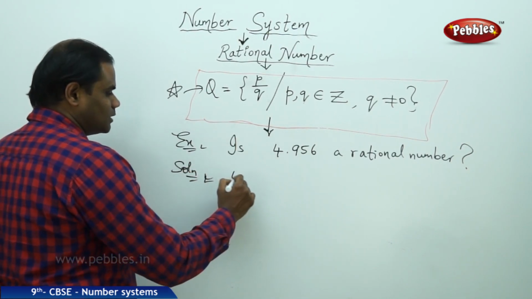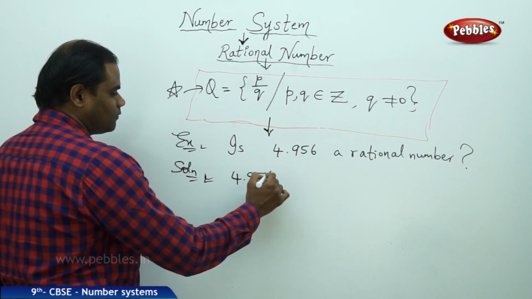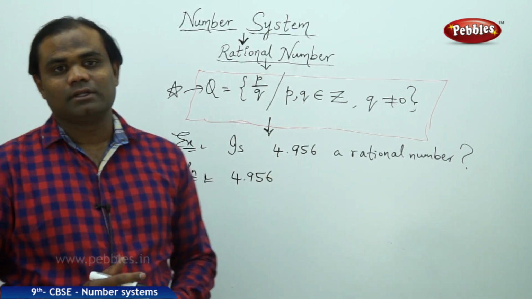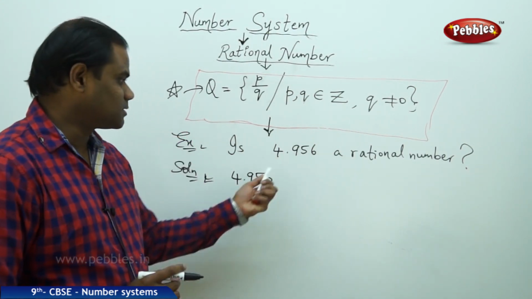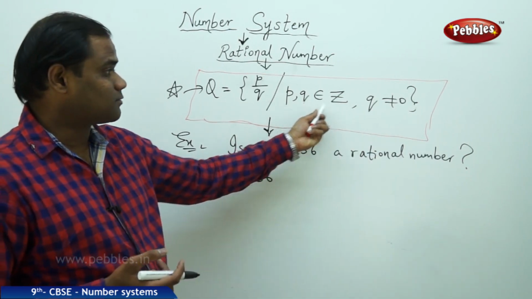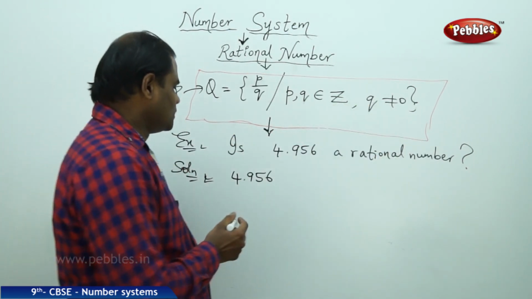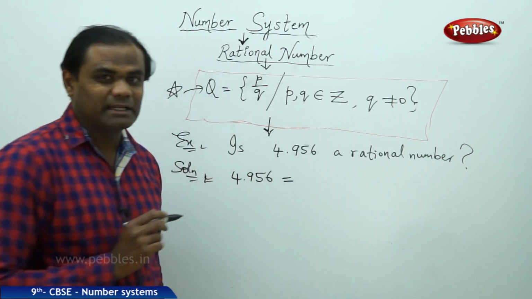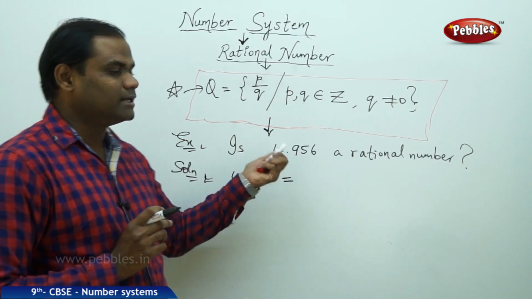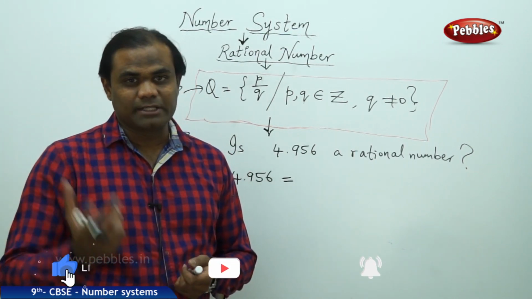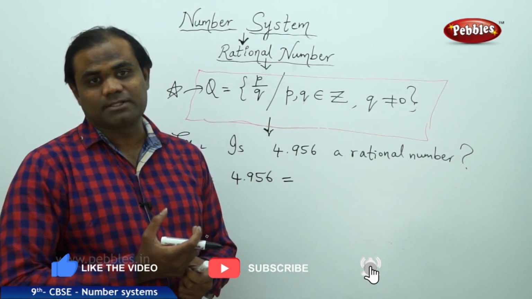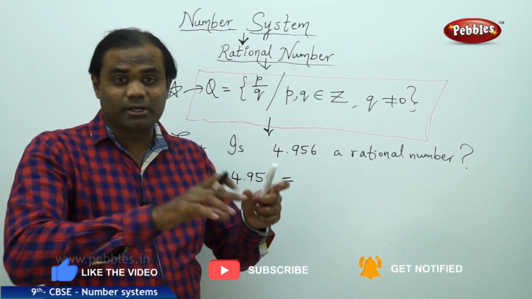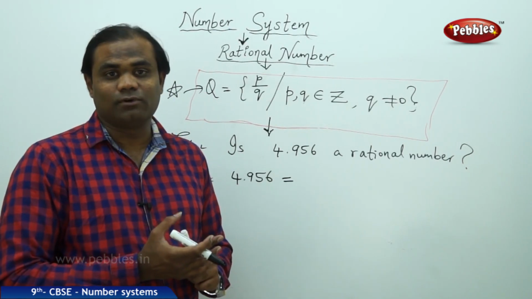The given question is 4.956, and let's see if this can be expressed in the form P by Q, satisfying these two properties. When I take the more simplified form, I clearly understand that any decimal to be tested for a rational number should be converted into the non-decimal form.